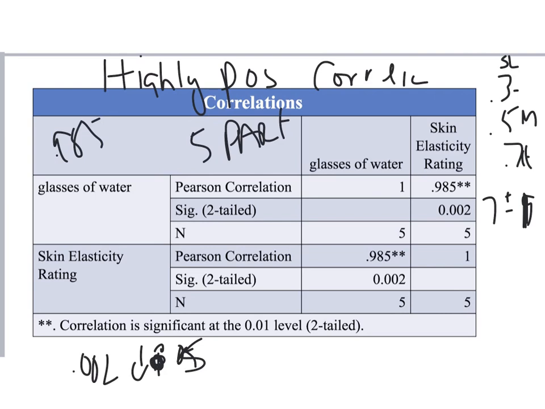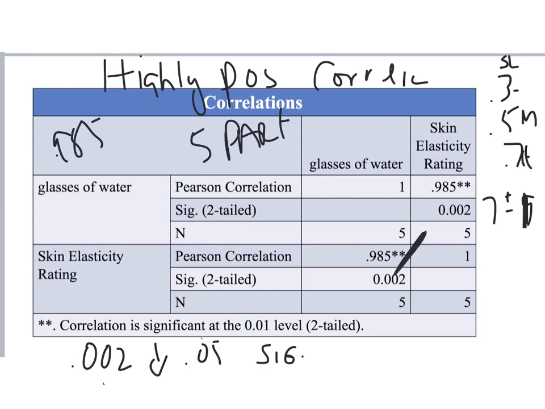So let me erase that and do that again, a little neater here. It's at 0.002, which is below 0.05, which makes it significant. These 2 are the same.